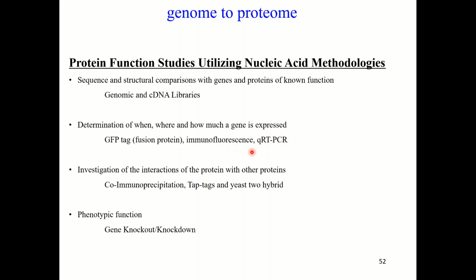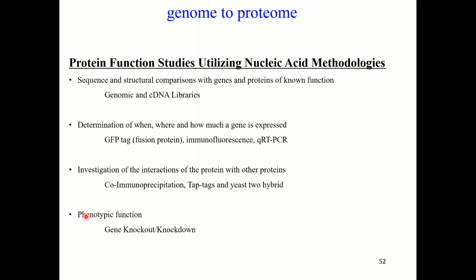You can also use immunofluorescence and things like green fluorescent protein tags, which is an example of a fusion protein, to visualize where in a cell or really how much of a particular protein inside a cell is being expressed. You can investigate the interactions of proteins with other proteins, and the techniques we'll talk about: co-immunoprecipitation or the yeast two-hybrid system.